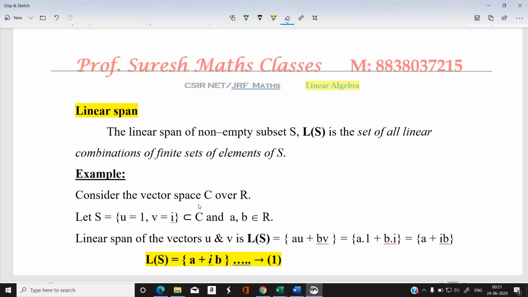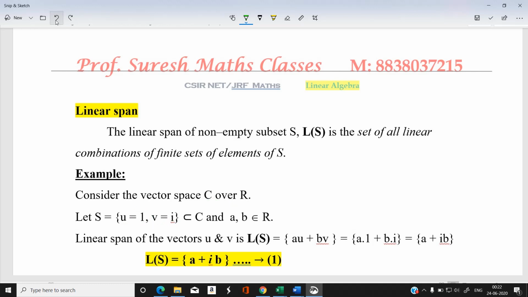Consider the vector space C over R, the set of all complex numbers C over R is a vector space over R. So take these two elements 1 and i, I consider this as a set, so S equals 1 comma i, that is a subset of C. I give names U equals 1 and V equals i, and a and b are scalars taken from R. So what is the meaning of the linear span of these two elements 1 comma i, or the linear span of the set S?